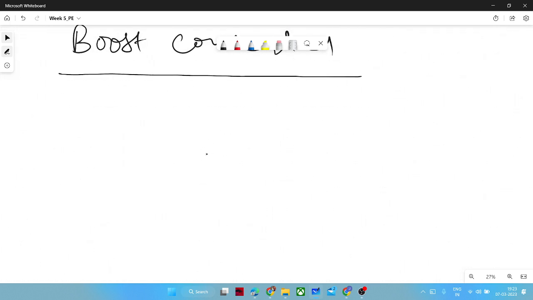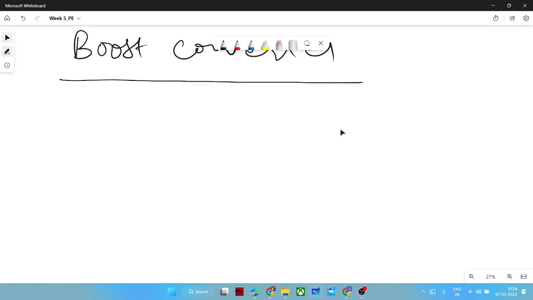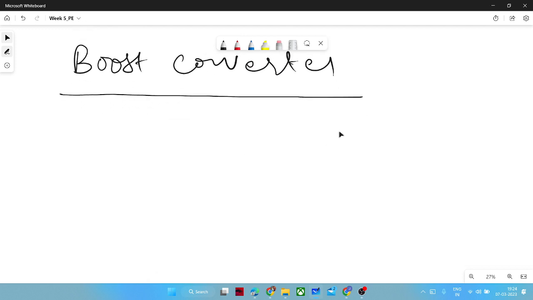So here is the circuit, I am mentioning it already. What about DCM mode of operation? I am thinking to combine all the DCM mode of operation at once when I am finished with all three converters. Or do you want me to discuss it right now?